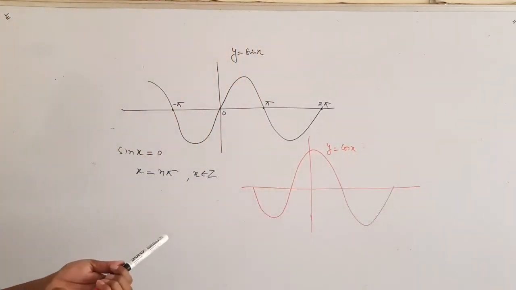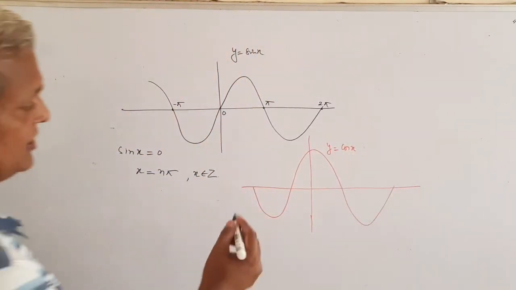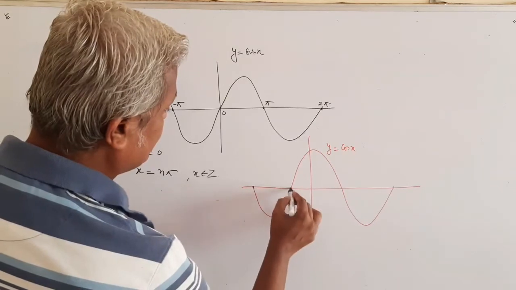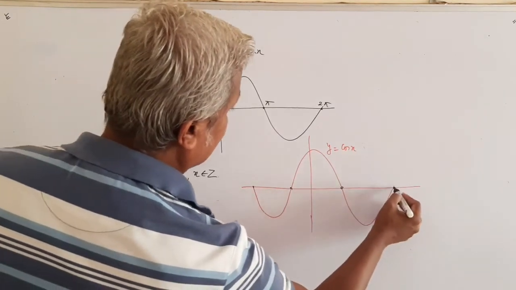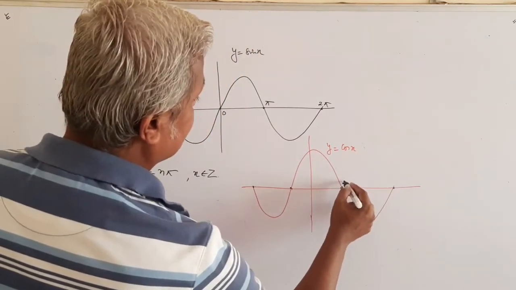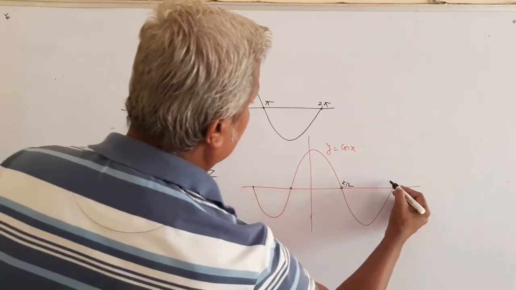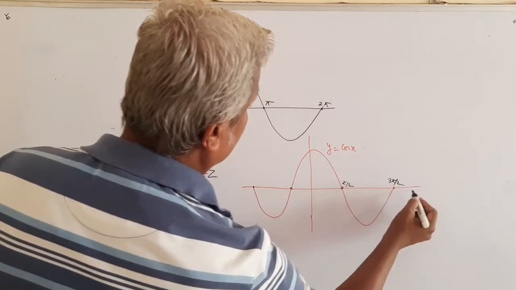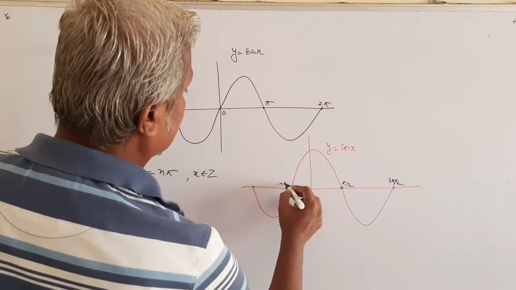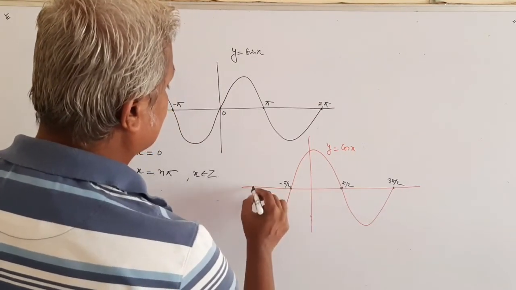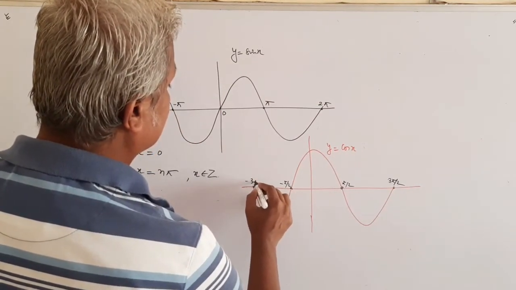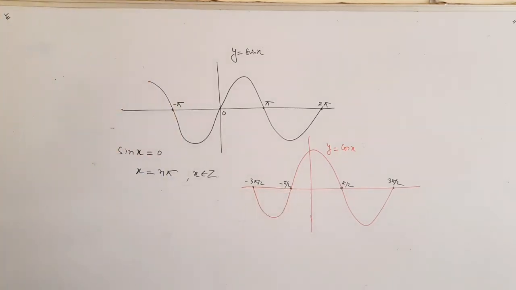Now where cos x is 0, so again here it is 0, here it is 0, here it is 0, here it is 0, and these values are pi by 2, 3 pi by 2, minus pi by 2, minus 3 pi by 2. Means the cos function is 0.